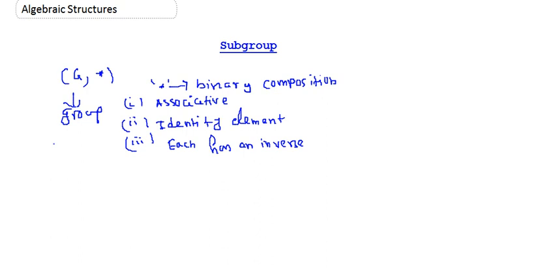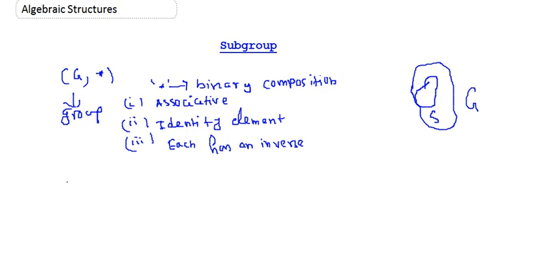Now suppose we have a group, and we just draw the graph. We have G as a group, and suppose we have a subset like this. Suppose S is a subset of G. Now the question is, when will the subset S be called a subgroup?